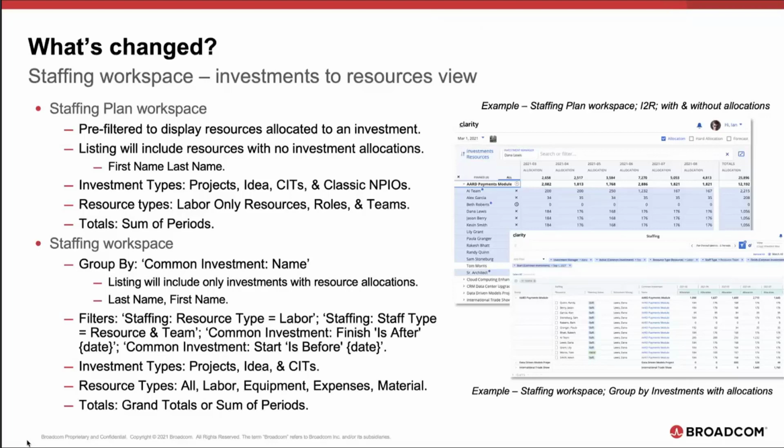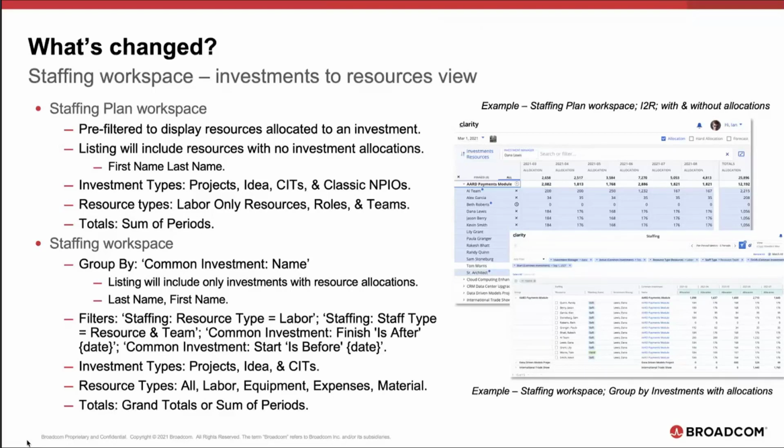You have far more options, but in order to get there, you would use the staffing resource type of labor, the staff type of resource and team, and then you would use a finish after date and a start is before date. And then you have that added flexibility to include the per period metrics, and you control the display of weekly, monthly, or quarterly or annual periods.